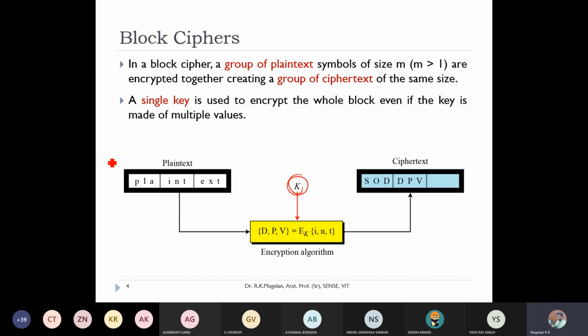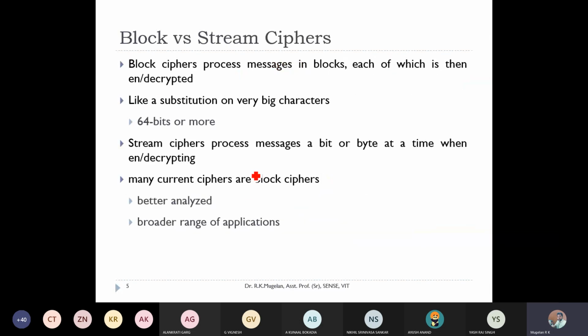For example, this is block 1 and this is block 2. Block 1 will be encrypted using the key K to get the first block of ciphertext. Then the second block is encrypted again with the same key K to get the second block of ciphertext. This is the major difference between a block cipher and a stream cipher.